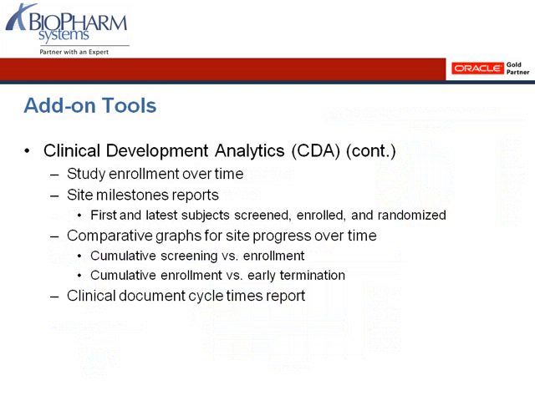We have site milestone reports, first and latest subject screened, enrolled, and randomized. Comparative graphs for site progress over time. Again, looking at various snapshots in time against the progress of a variety of different milestones and metrics within the system, CDA is going to allow you to look at that versus, within the Siebel system, you're going to see current, but if you want to see a snapshot in time, you'll have to do some additional manipulation of the data to be able to get, where were we 3 months ago versus today.